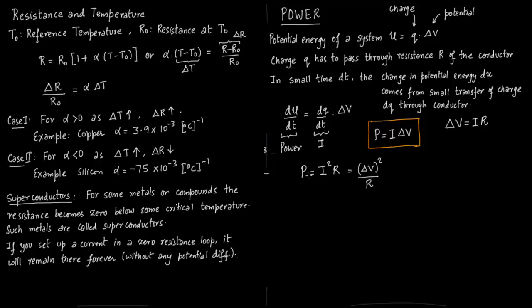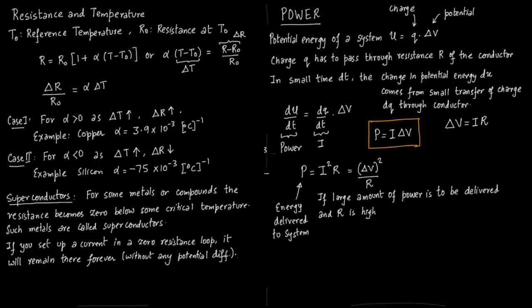Now we want to talk about power transmitted through electric lines. Say this is the power which passes through the conducting wires. This is the energy delivered to some system, say a house, office or factory. If a large amount of power is required to be delivered and the resistance is high, then we need to keep delta V high.